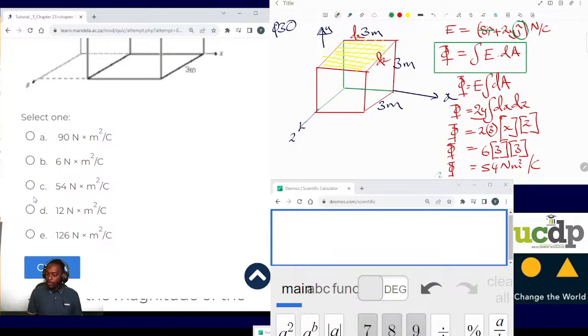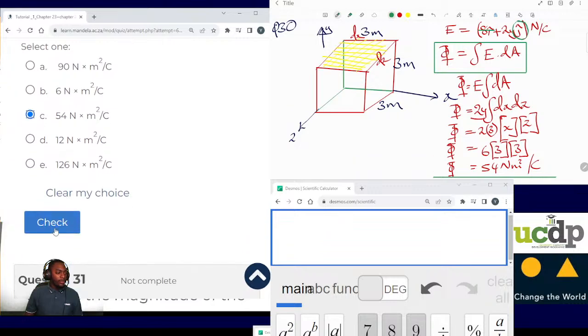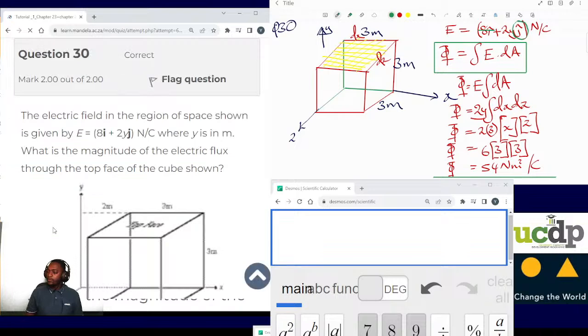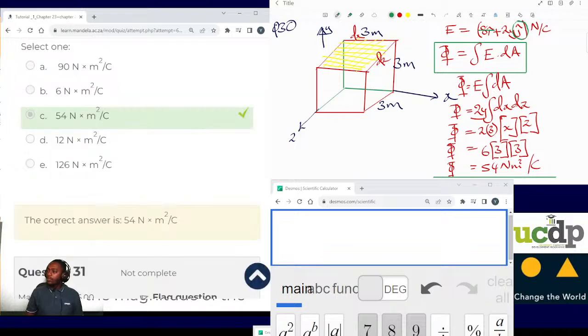So that's basically how we go about this particular question. So we can check and see if we're in the right direction. So that is indeed the answer that we expected to get there.